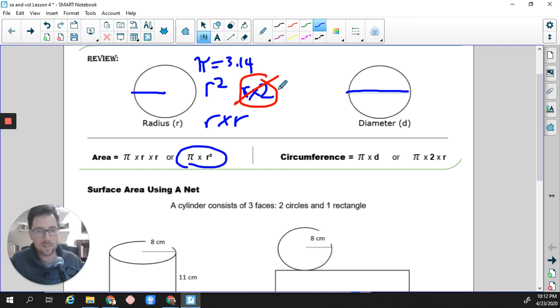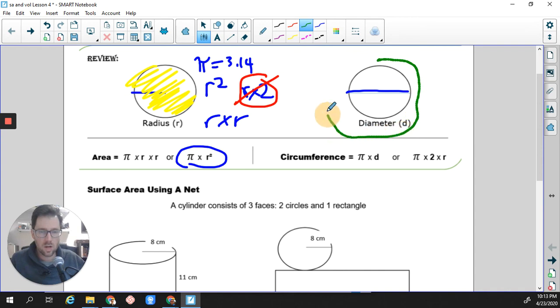Okay, it's not saying times 2, it's saying times itself again. Okay, so we've got our area, which would calculate all the space, how much space it takes up, right? Whatever that area is.